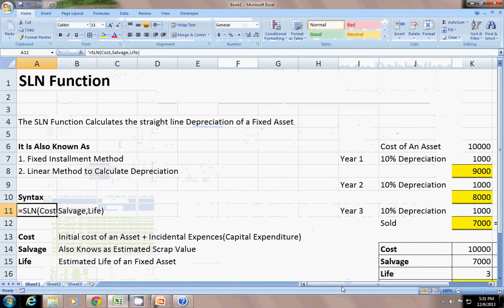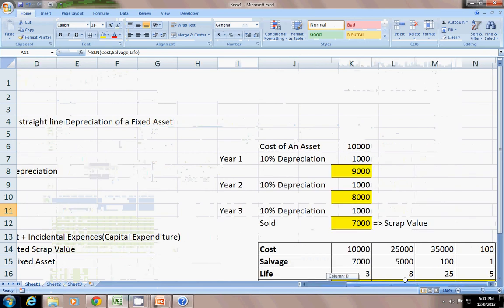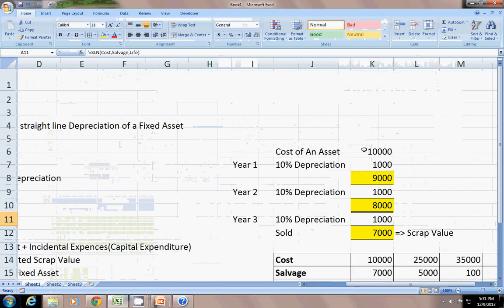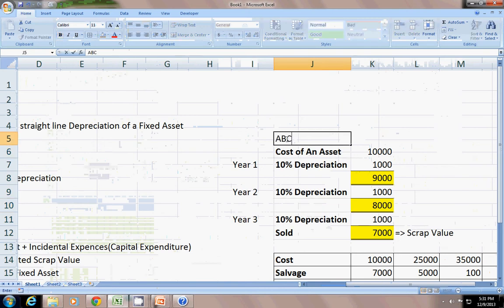For example, I am just showing you how to do these depreciation calculations.